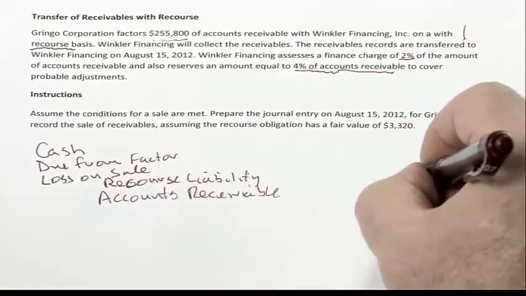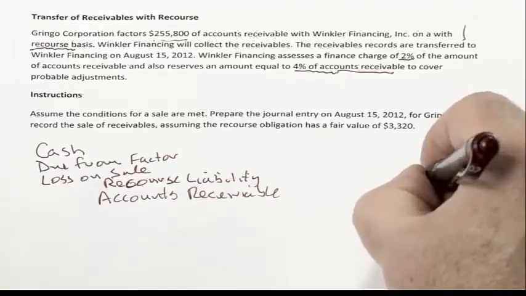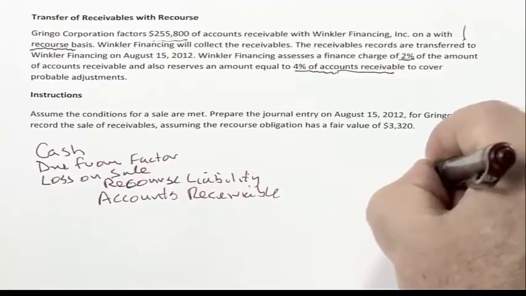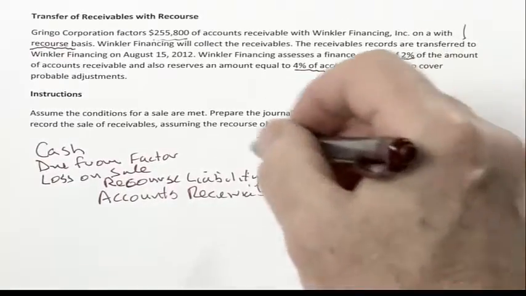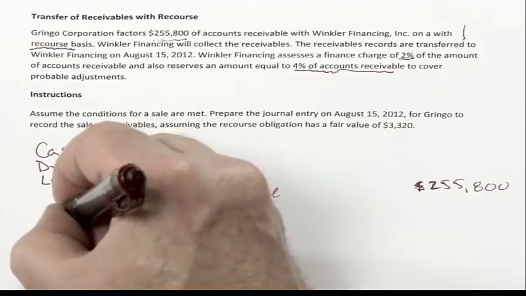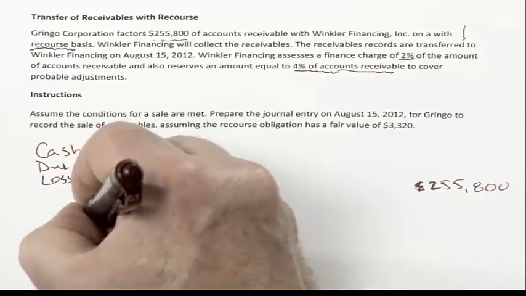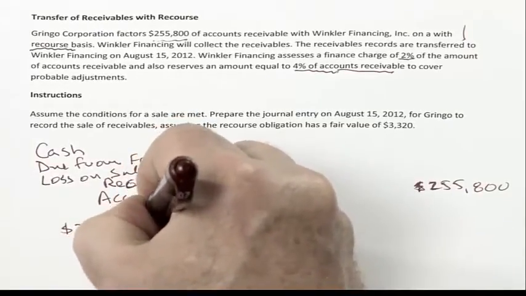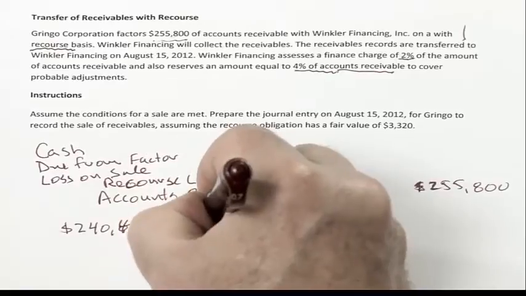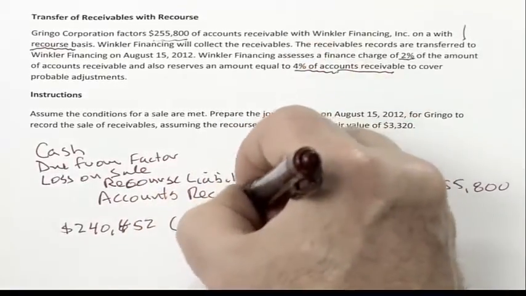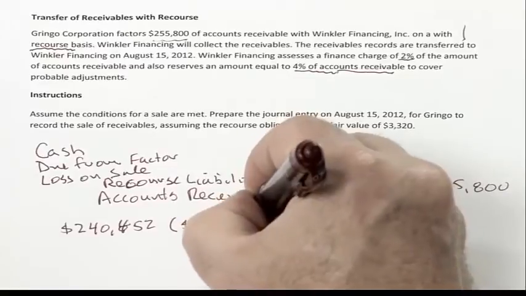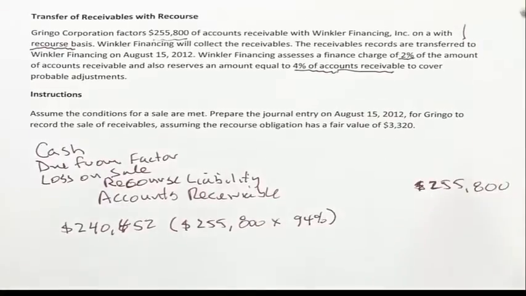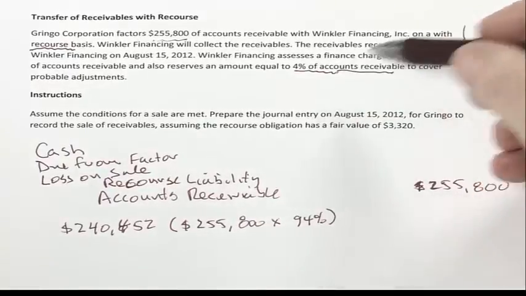So let's first record accounts receivable credit, and that's $255,800. And we don't usually put dollar signs in there. Then let's figure out the proceeds. First of all, Gringo will get $240,452, and that's the receivables, 255,800 times 94%, because Winkler is going to hold back the 2% and the 4%.